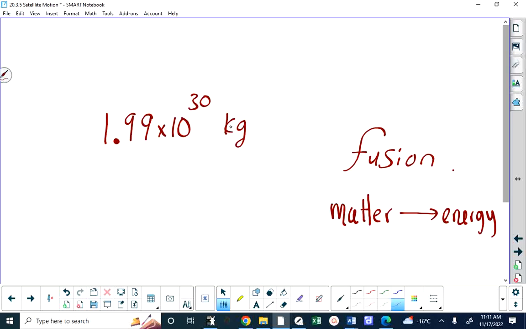Mass goes away. And the fusion reaction that's happening on the sun, it's hydrogen fusion and among other things, means that matter on the sun is going away. It's disappearing. This mass today is less than it was yesterday. It's changing.